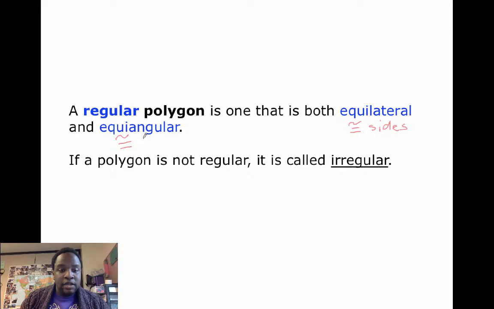So all the angles have to be the same, and all the sides have to be the same. And then if a polygon is not regular, then it has to be irregular. So there's regular, all the sides and the angles are the same or equal to each other, and in an irregular polygon, some of the sides or some of the angles might be different.